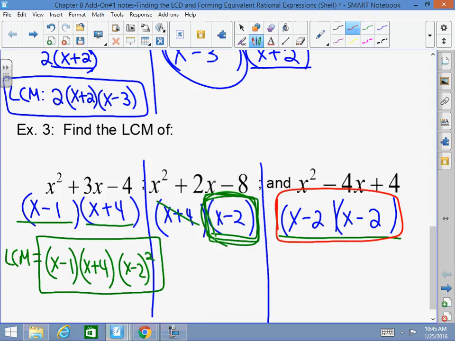My LCM is always belonging to the highest power. Isn't x minus 2 times x minus 2 an x minus 2 squared? So I need a squared as my multiple, because under one denominator, I have two x minus 2s.